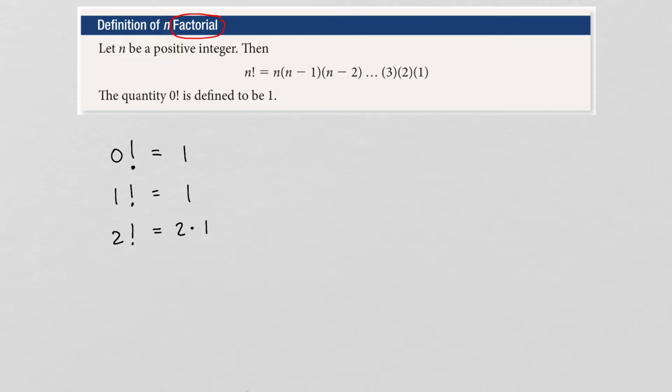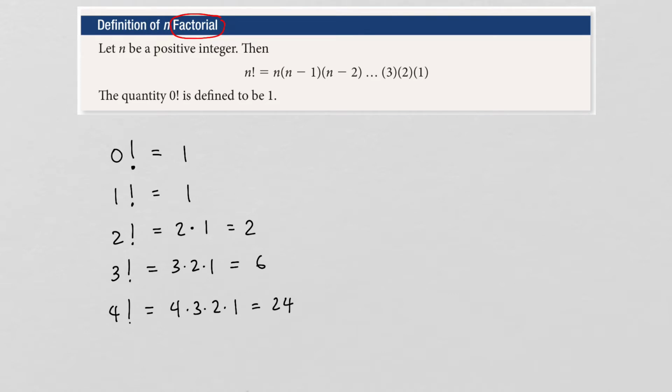So 2 factorial would just be 2 times 1, which is 2. 3 factorial would be 3 times 2 times 1, which is 6. 4 factorial would be 4 times 3 times 2 times 1, which is 24.